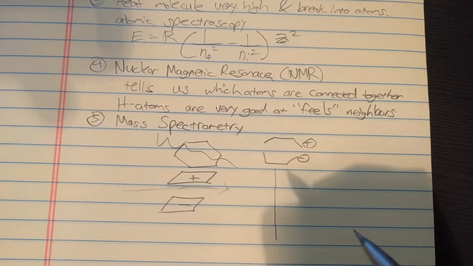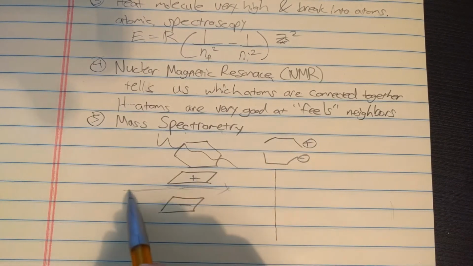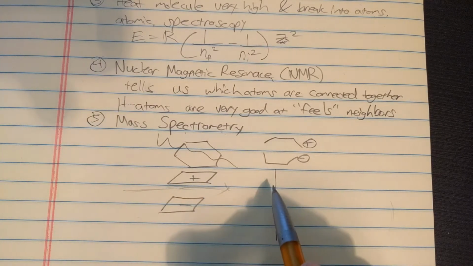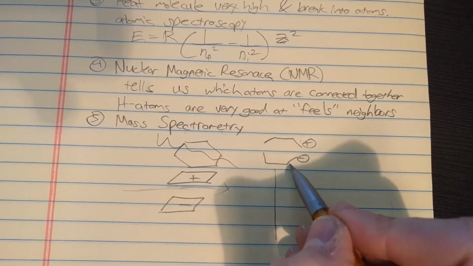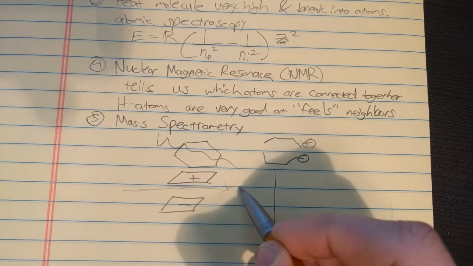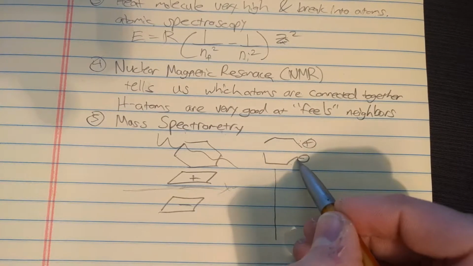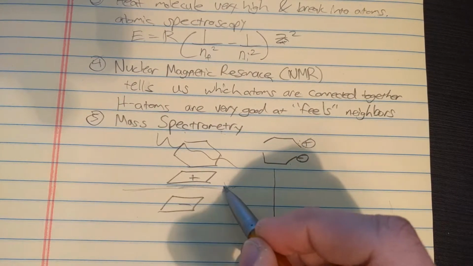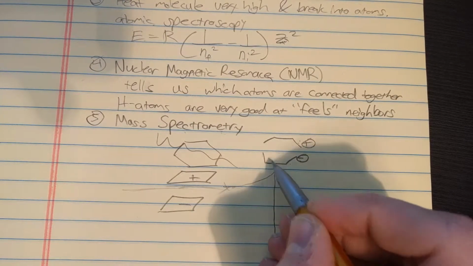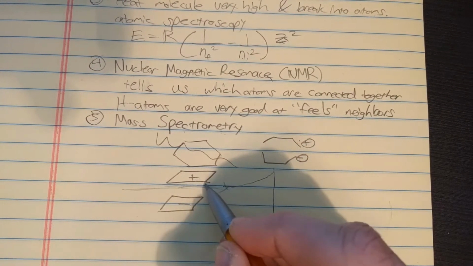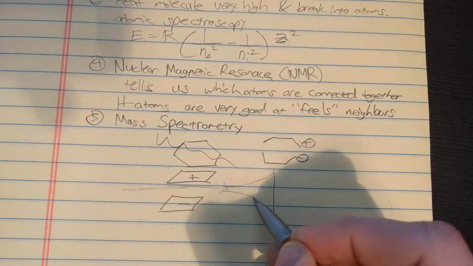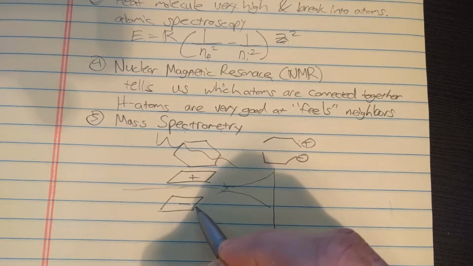And I talked about this in previous videos. This is how J.J. Thomson discovered electrons. And since these things are charged, this bottom negative charge piece will be deflected this way, and it depends on how much that thing weighs. And the positive charge will be deflected this way because it's attracted to the negative plate.